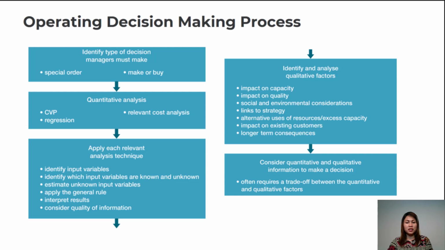Equally important is consideration of qualitative factors relating to the decision alternatives you have. For example, in a special order decision, you need to consider what will be the impact on your current or existing customers.